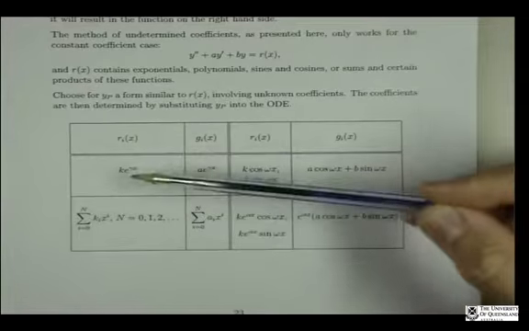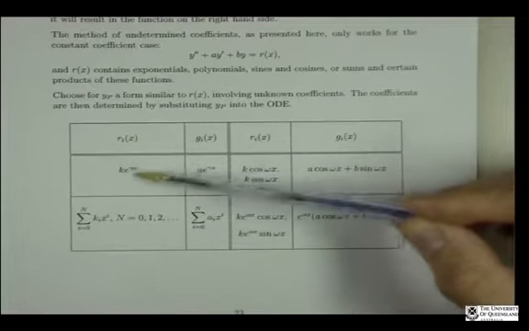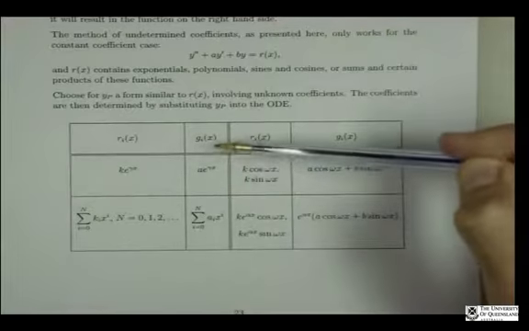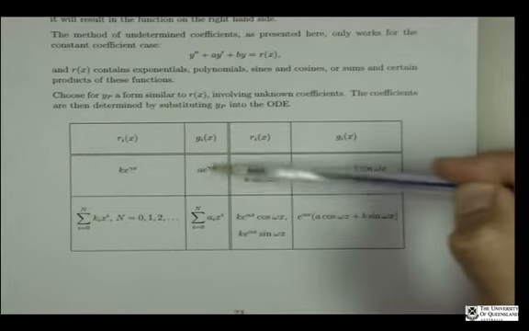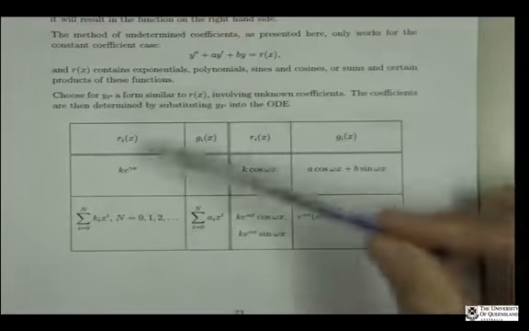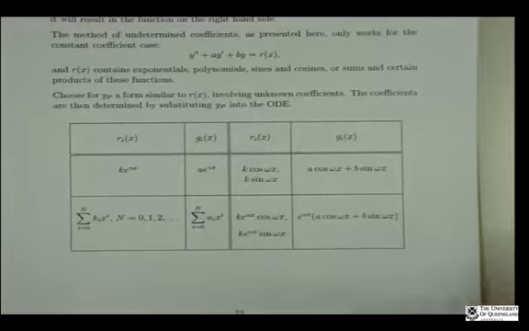In this first entry, we're saying if the right-hand side is an exponential, then in the next column, G, so R for right-hand side and G for guess, the corresponding guess for the particular solution is an exponential function of the same form. If the right-hand side is a polynomial of degree n, we would guess that the particular solution is also a polynomial of degree n. And so on. There are two more entries here.